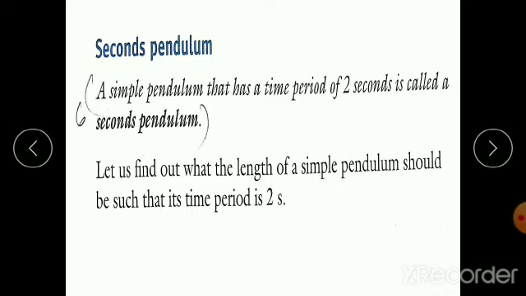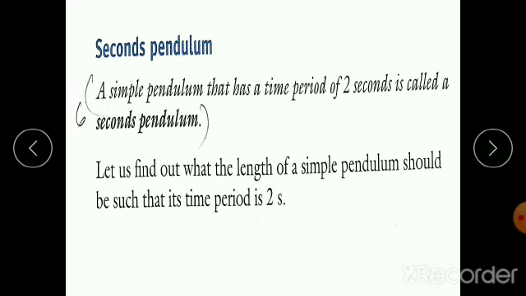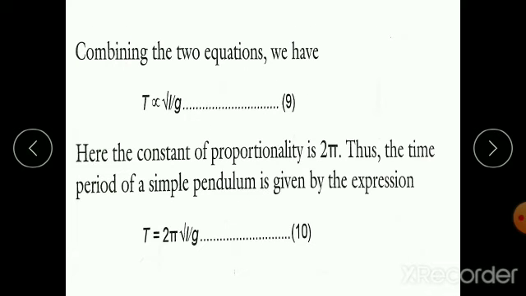So let us find out what the length of a simple pendulum should be such that its time period is 2 seconds. In equation 10, T is equal to 2 pi square root of the length of the simple pendulum divided by acceleration due to gravity.